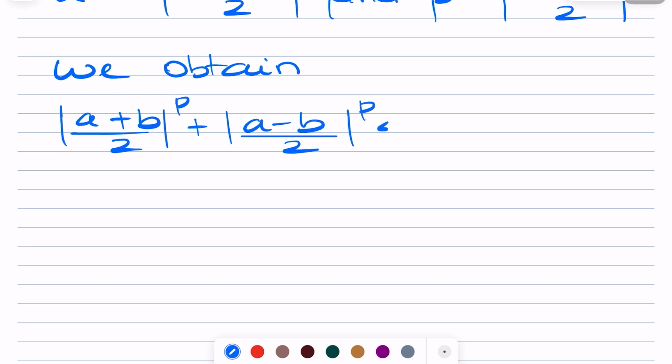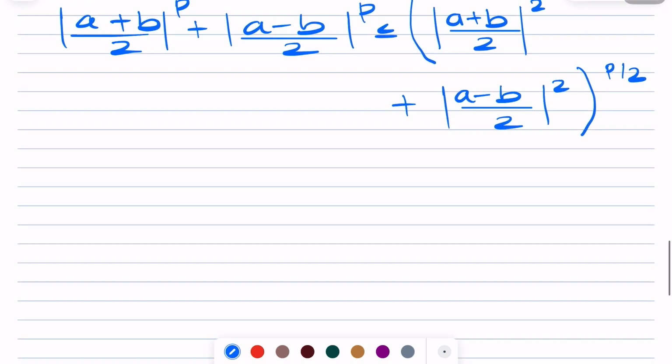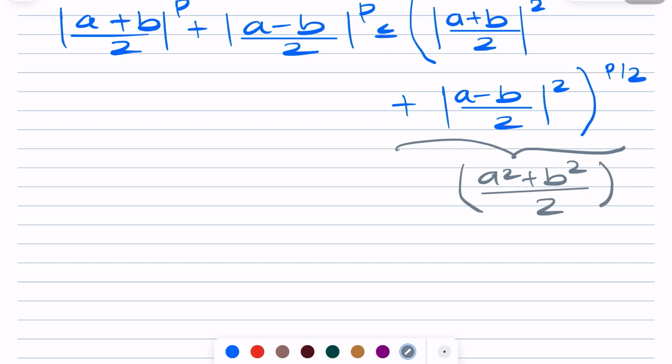This is less or equal than ((a plus b) over 2) squared plus ((a minus b) over 2) squared, everything raised to the power p over 2. But observe that the right hand side is equal to (a squared plus b squared) divided by 2, everything raised to the power p over 2.